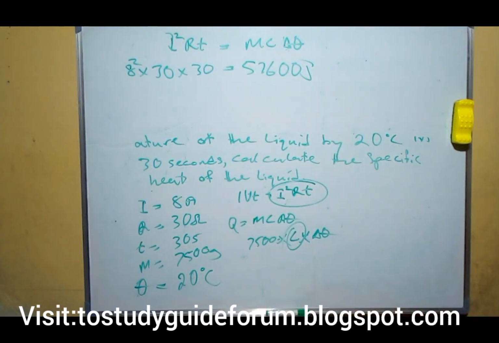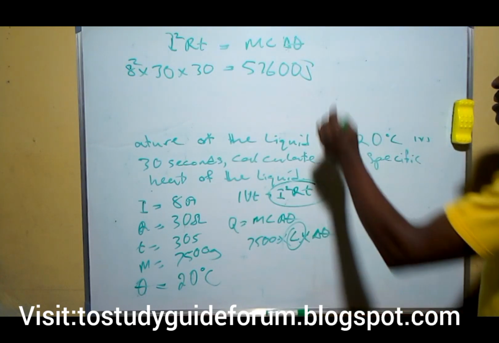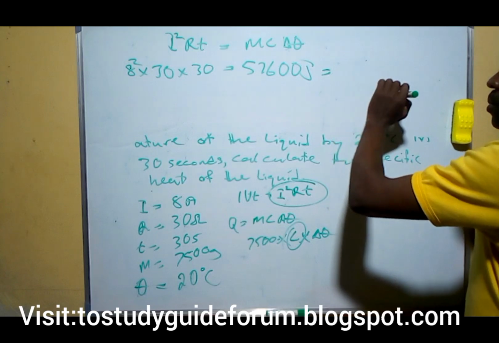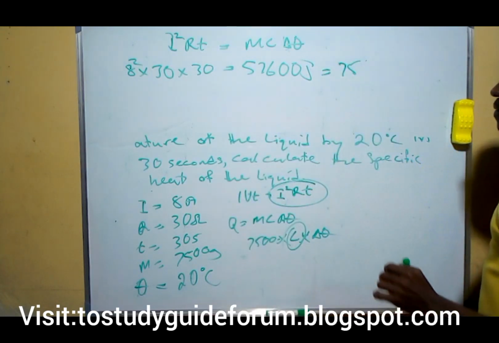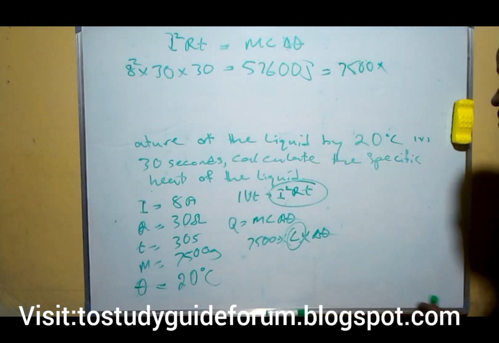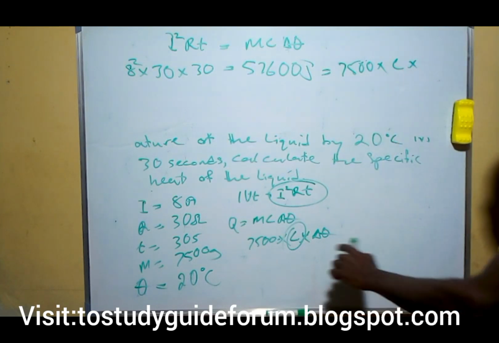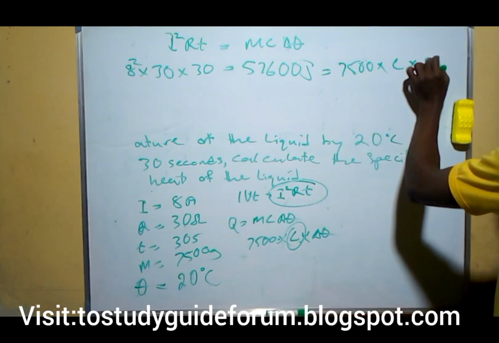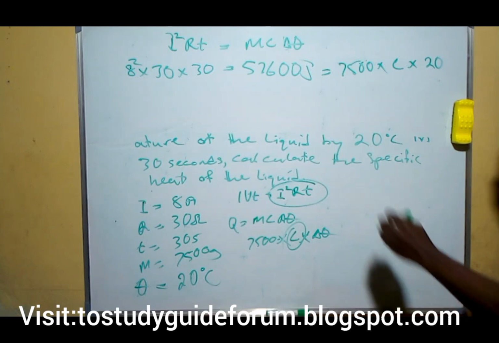That is the same thing as 7,500 times the specific heat capacity, which we don't know, times the rise in temperature, which is 20 degrees Celsius.